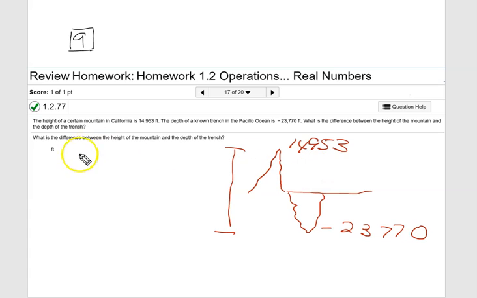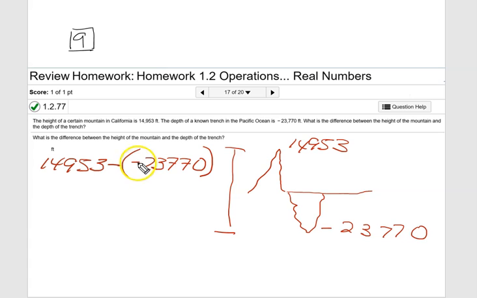So you're going to take your first number and subtract it from the other to find the total distance. All right, see what you get.